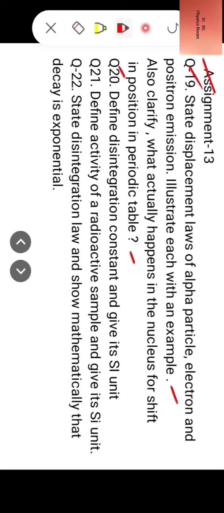Define disintegration constant and give its SI unit. Question number 21. Define activity of a radioactive sample and give its SI unit. Question number 22. State disintegration law and show mathematically that decay is exponential.